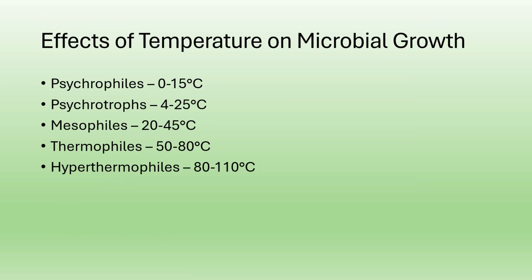What's the effect of temperature on microbial growth? Saprophytes will grow from 0 to 15 degrees C. Psychrotrophs from 4 to 25 degrees C. If you're not familiar with the Celsius range, 0 is freezing, and 4 degrees C is a typical refrigerator, about 40 degrees Fahrenheit.